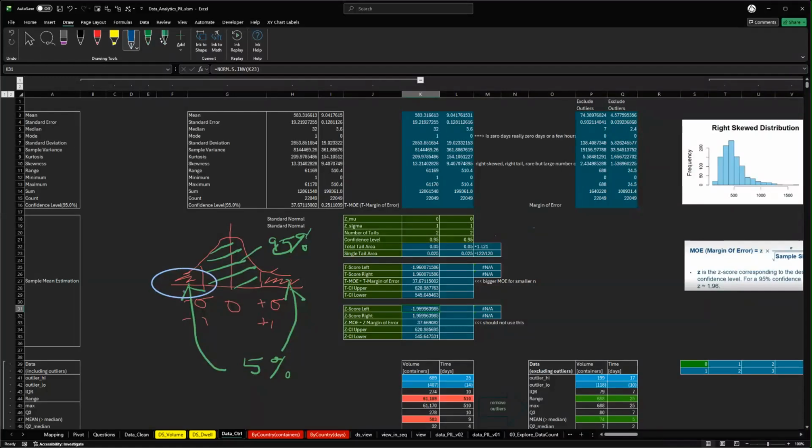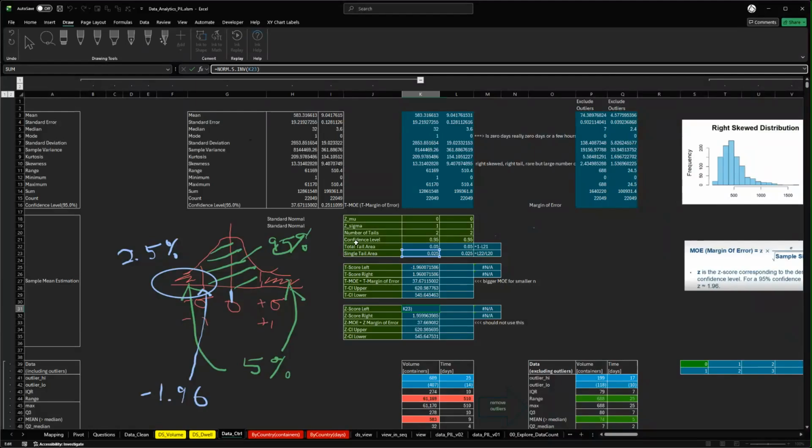So what is the z at this point? It turns out it's negative 1.96, so negative 1.96 standard deviations away from the center. How we get that in Excel is we use NORM.S.INV, and we get negative 1.96 here.